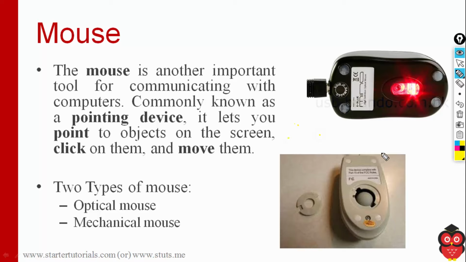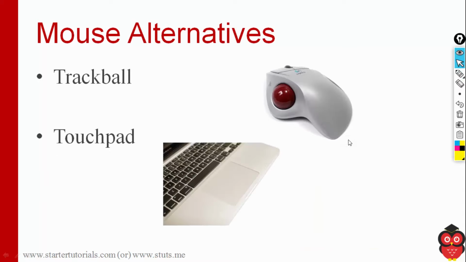In olden days, the mouses that were used are mechanical mouses, which used to contain a ball below the mouse. Nowadays, the mouses being used are optical mouses, which use a light to track the position of the mouse cursor. That is about mouse. Let's move on.